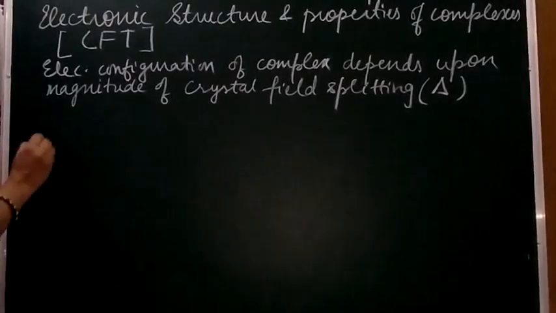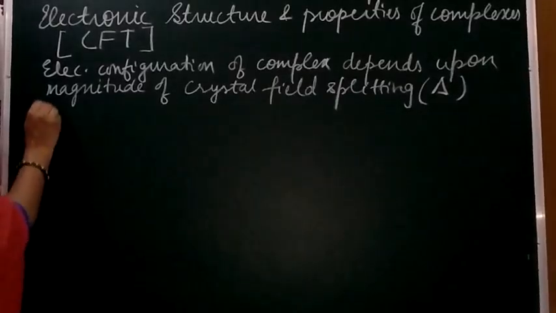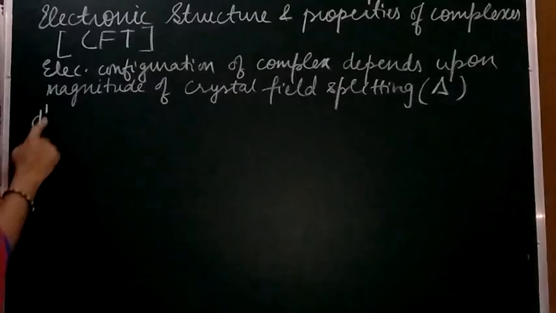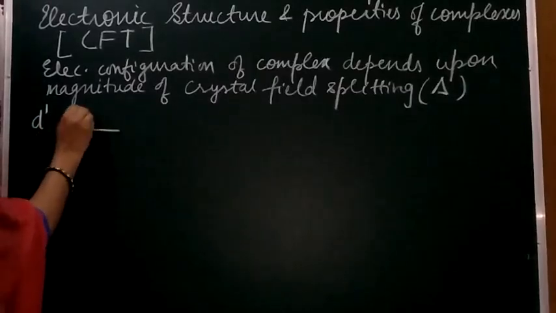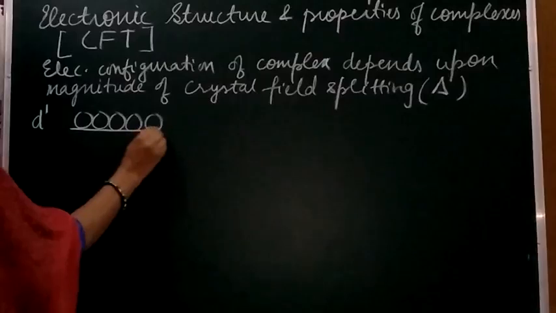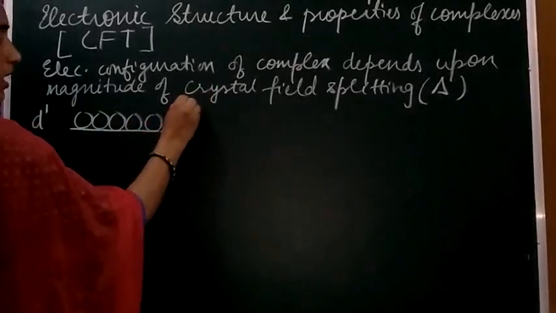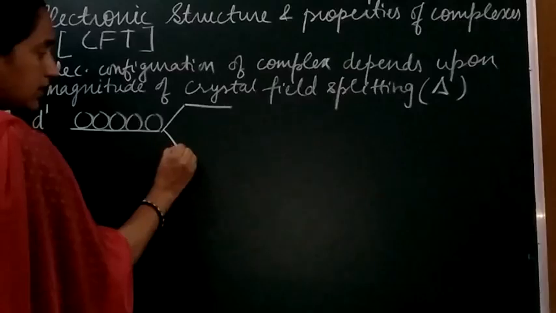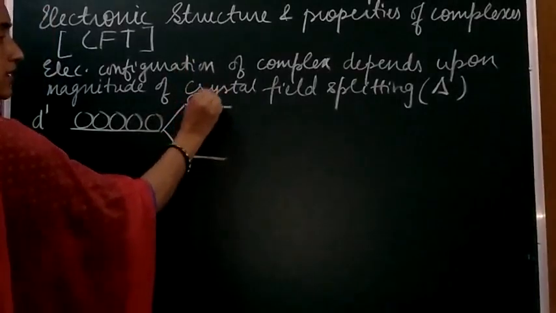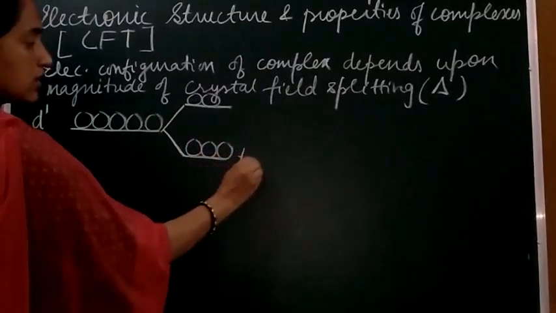Now, students, if the central metal ion has d1, that means it has a single electron in the d orbital. We have these five d orbitals, which are degenerate, but after the approach of the ligand, they get split, and we get the two sets of orbitals, t2g and eg.